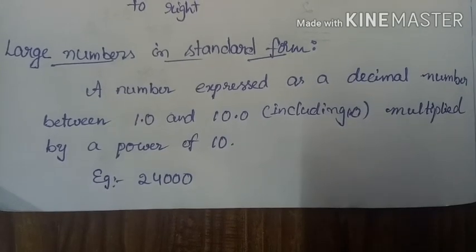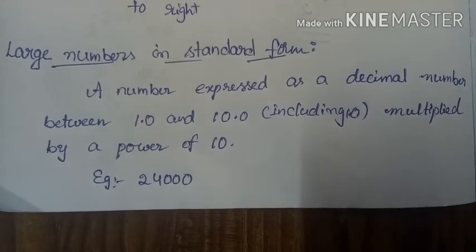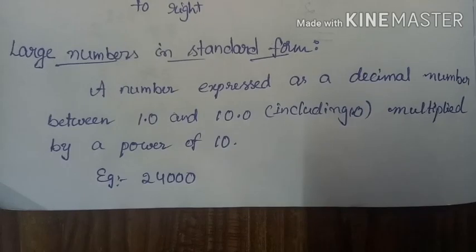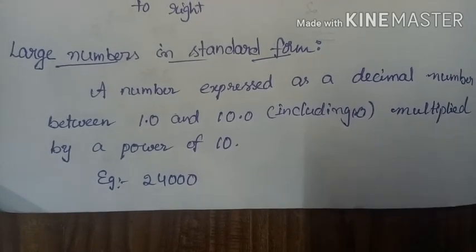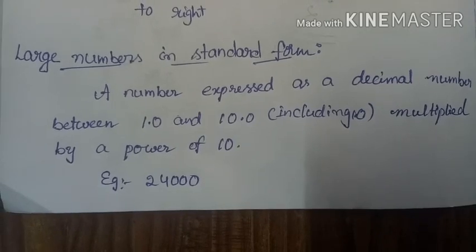So for example, 24,000. Now it is one large number. How can you write it in standard form?